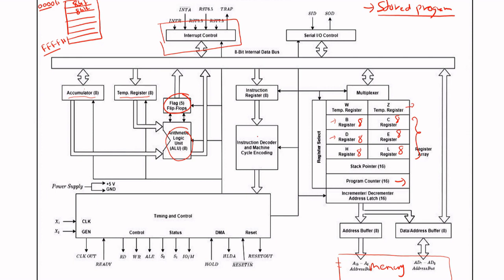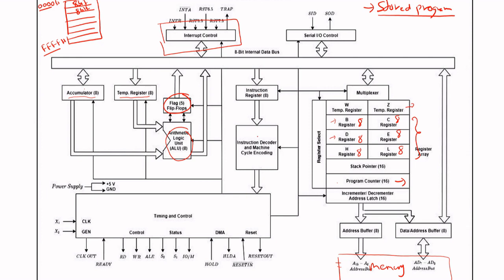So to summarize this, we have a program counter that contains the next instruction. We also have the address data buffer and then the address buffer, which basically breaks down the 16-bit address into 8-bit addresses, and then we go to the memory and fetch some instruction from the memory to the data address buffer, and via the data bus bring it to the instruction register. And from there the instruction goes to the instruction decoder.